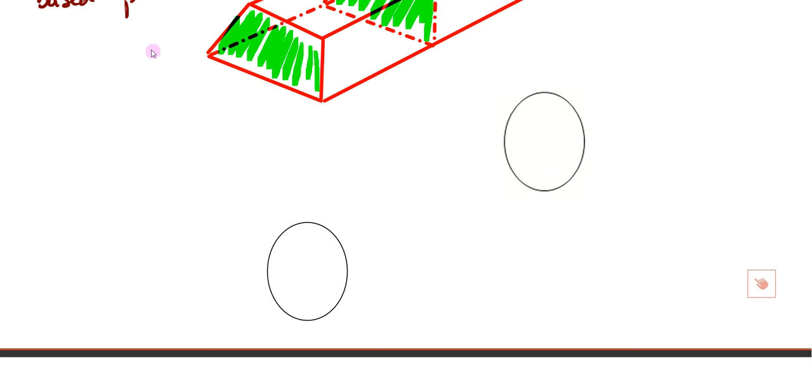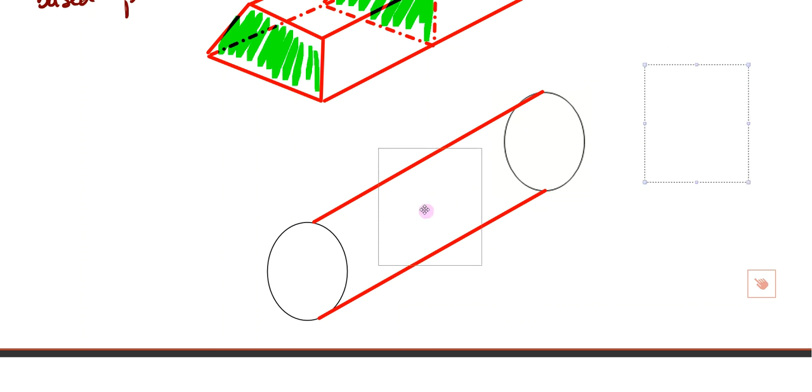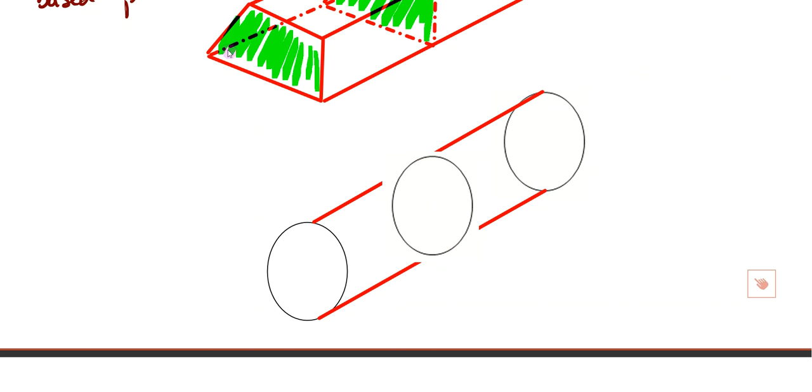So I'm going to draw my same circle, and cylinders are hard to draw. And then I'm just going to draw from the top to the top. Looks a bit funny. There's the cross section.